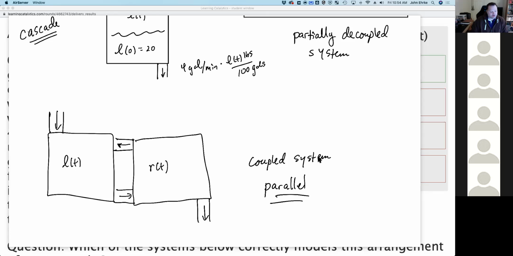What if I ran a circuit in parallel? It's the same concept. It's coupled because if you have different components along this part of the circuit, then they would run in parallel with this part of the circuit here.